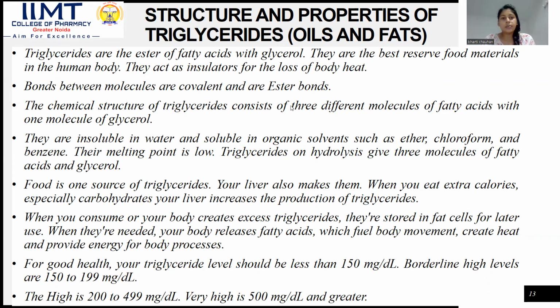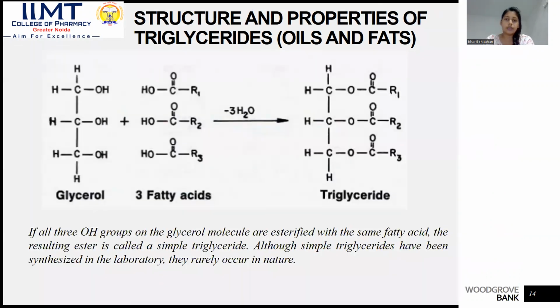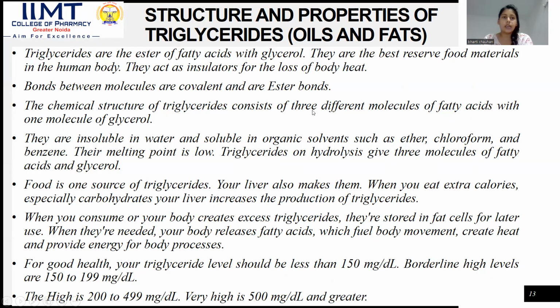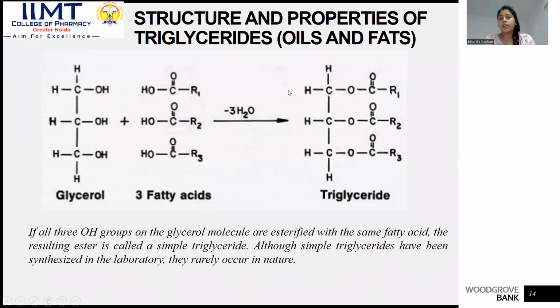About the bonds, it will be easy if I show you the structure. The bonds between the molecules are of ester, right? They are ester bonds. If we talk about the ester, what is the formula? Which is RCOOR.